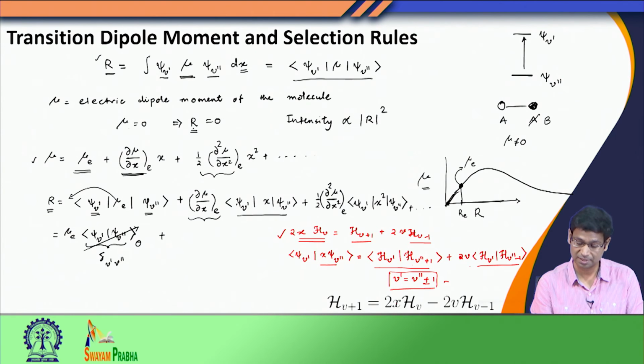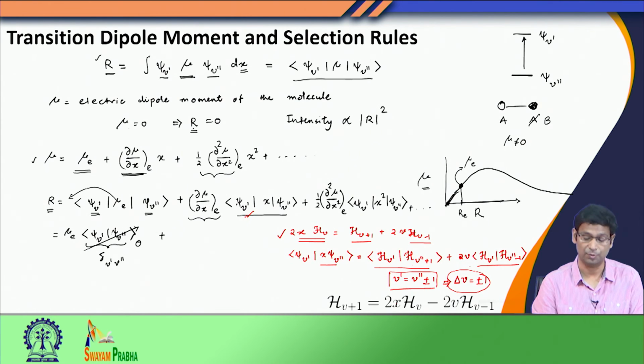So, this gives us a selection rule. If you see, delta v becomes plus or minus 1. This is a selection rule that we obtained by using the property of the Hermite polynomials, which are the eigenfunctions we use to define the eigenfunctions of the harmonic oscillator problem. So, we got delta v equals plus or minus 1 as the selection rule for this term.